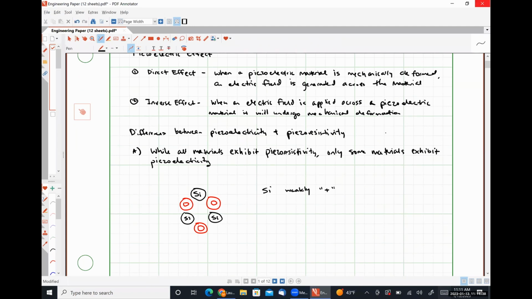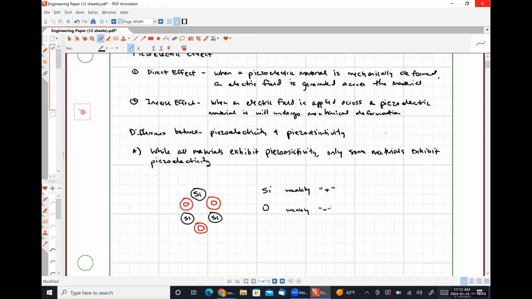So the silicon atoms are weakly positive and the oxygen atoms are weakly negative. And so effectively, these are covalent bonds, but the oxygen is a little bit more greedy in its need for electrons than silicon is for its need, okay?